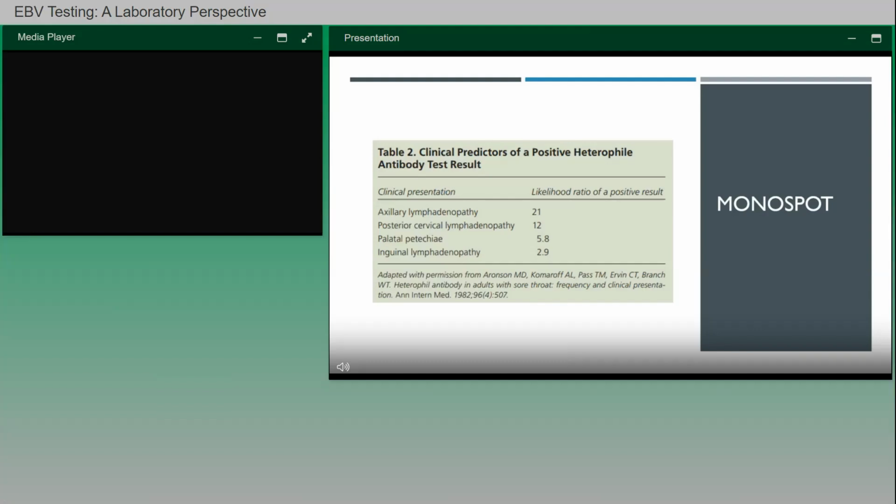So I thought that was interesting, because the takeaway seems to be that the Monospot testing is really only useful when the patient's pre-test probability is already pretty high. So how valuable is this test really? You probably could have diagnosed it just from the swollen lymph nodes and the other symptoms that the patient has. So these are the reasons that the CDC no longer recommends it, and the sensitivity being low early on is the other reason. So as I said, our lab no longer does Monospot. It's not thought to add a lot of clinical value, but as I said, it still is used by some clinicians as a rule out.